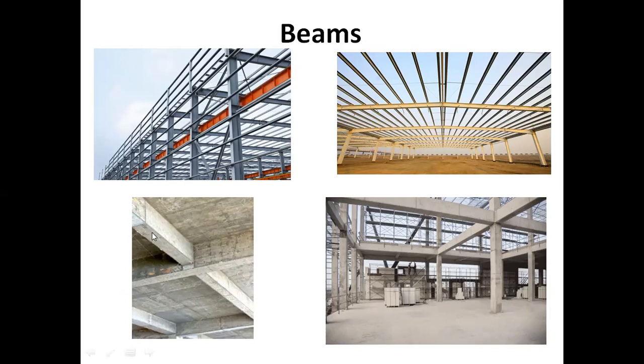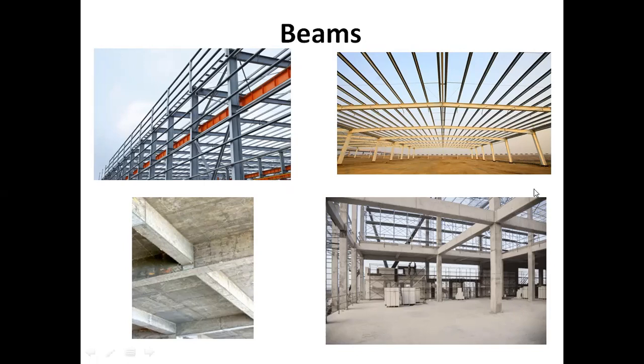So we call them reinforced concrete beams because inside the concrete we have steel bars which are used to reinforce the beam, because concrete is a bad material in tension. So on the tension side, we have reinforced the concrete beam.